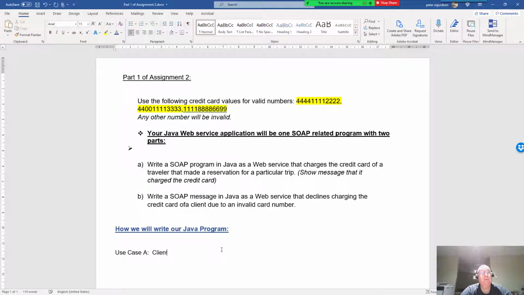So client presents a valid credit card number, which is pretty simple. It's just going to be one of these. So you can just use a string .equals or something in Java.